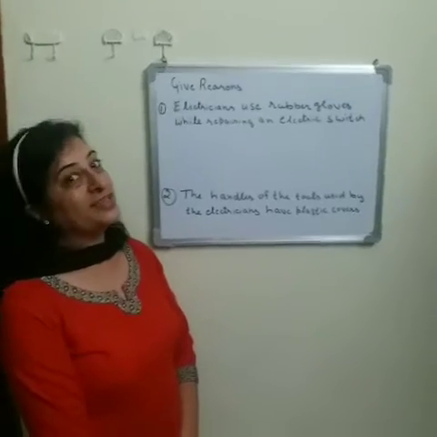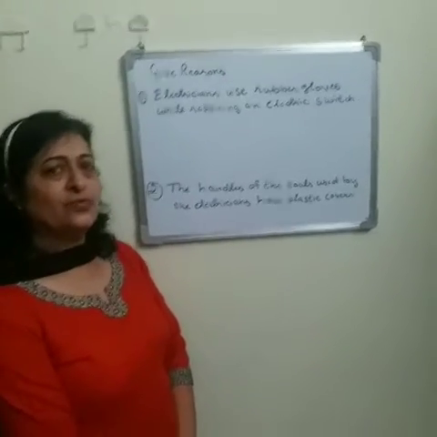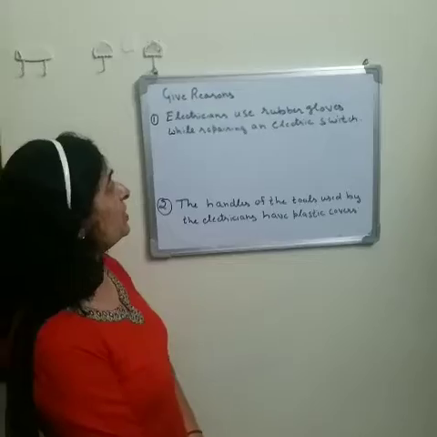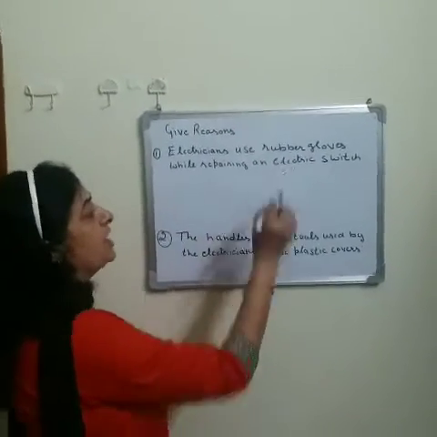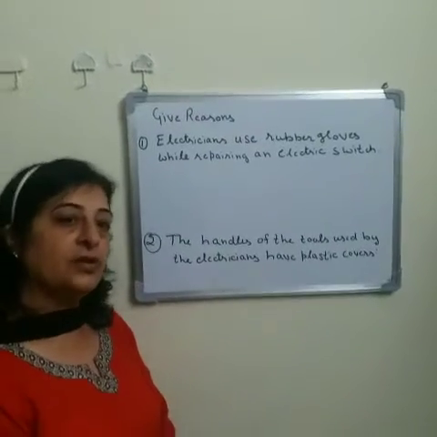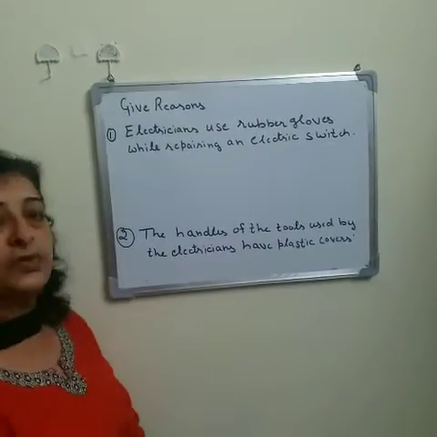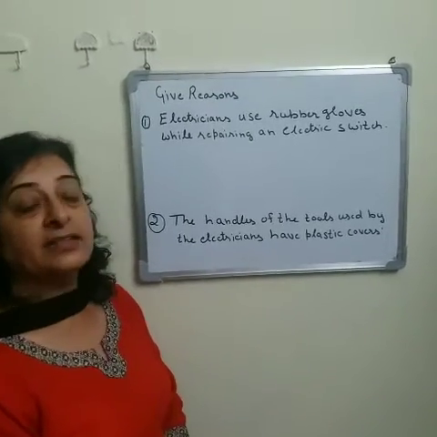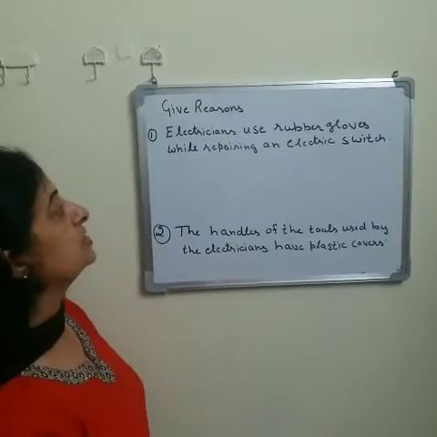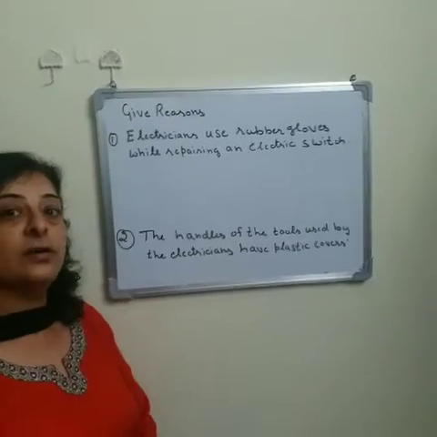Now it's your assessment time. We will find out why the electrician uses rubber gloves while repairing an electric switch. If there is any problem in an electric switch at your home, you will call an electrician, and before repairing, the electrician uses rubber gloves.